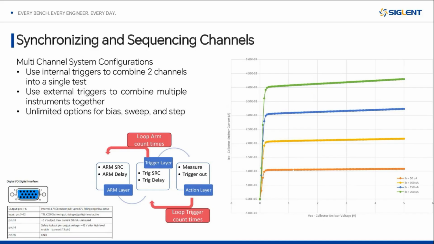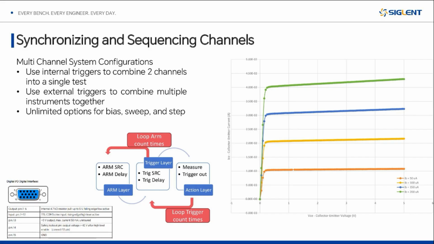One other thing that the coordination and close automation setup really allows you to do, especially when you're talking about multiple channels or a parametric system here with multiple source measure units, is you can now do combinations of sweeping and stepping or biasing across different points on a complex device, right? So here's a standard view of what you'd expect from a family of curves from a transistor, right?